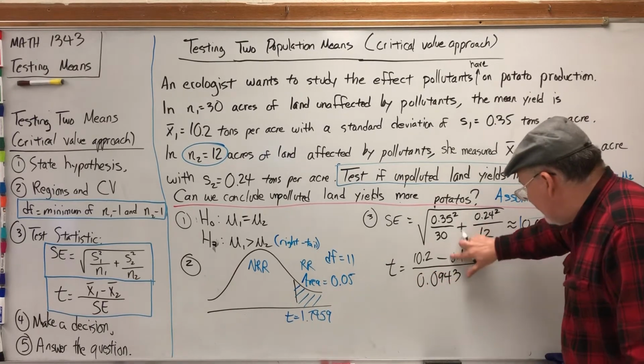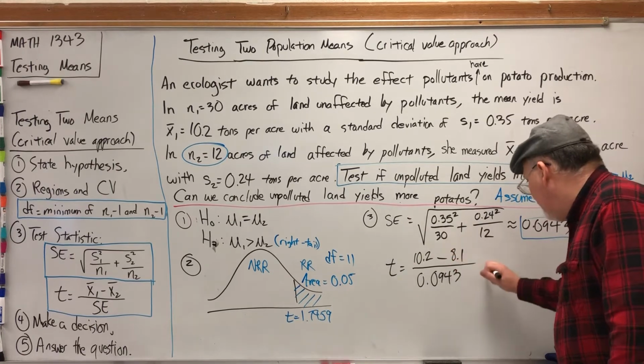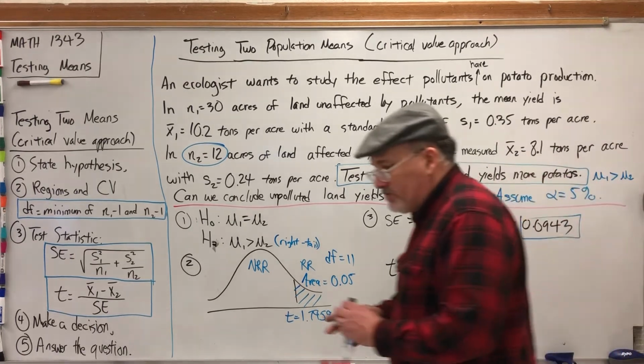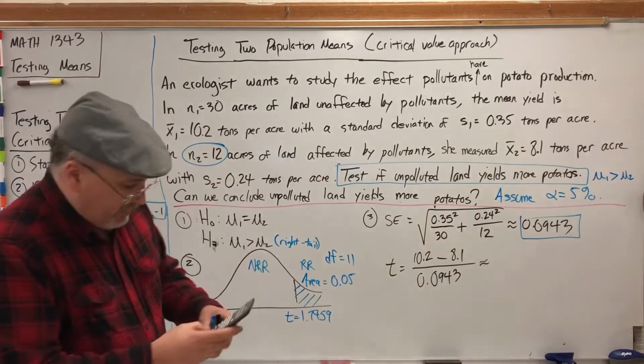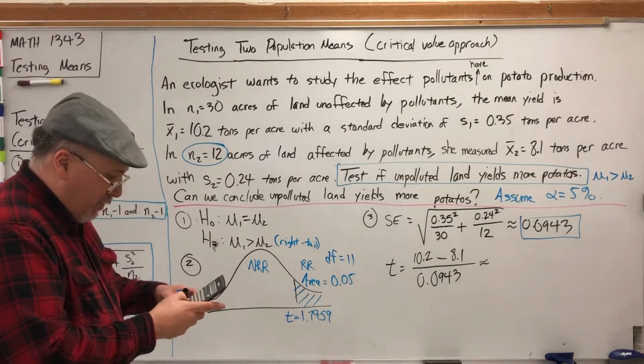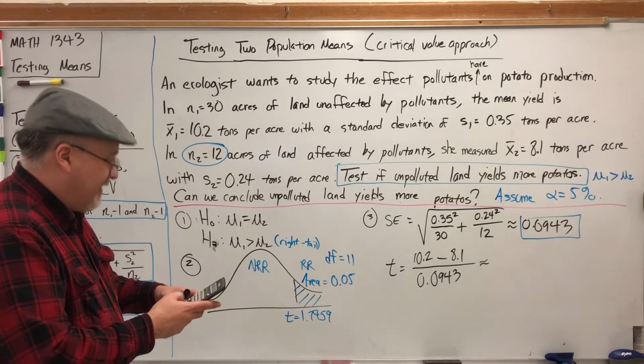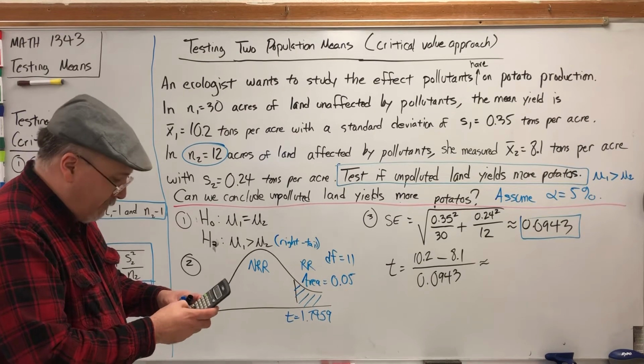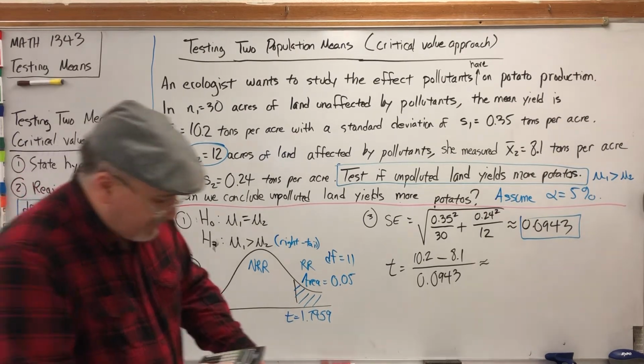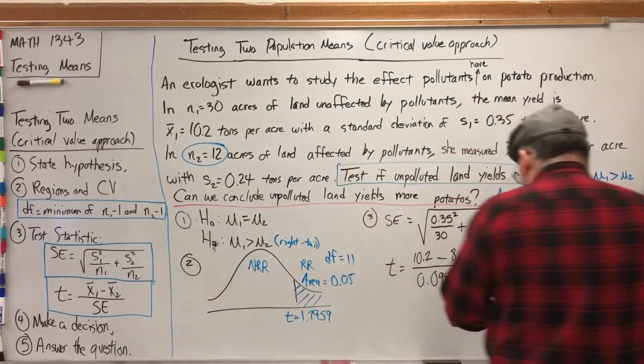Let me make this 8 a little bit better. And we'll round that to 4 decimal places. 10.2 minus 8.1 equals, and divide that by 0.0943.